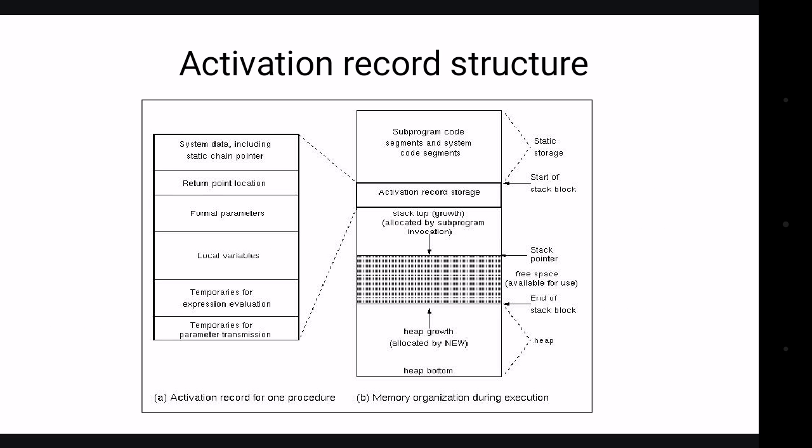We have parameters, formal parameters, local variables, and temporaries for expression evaluation in the activation record for one procedure. In the memory organization during execution, we have program code, heap, and also the activation record structure.